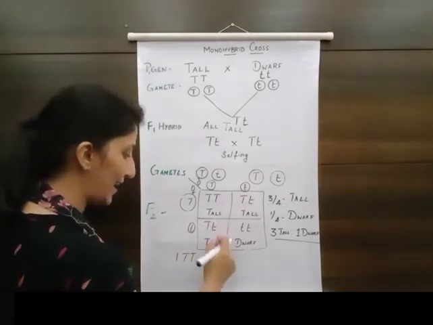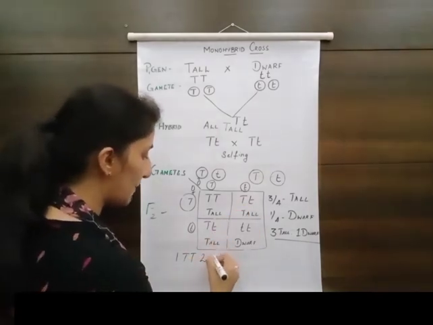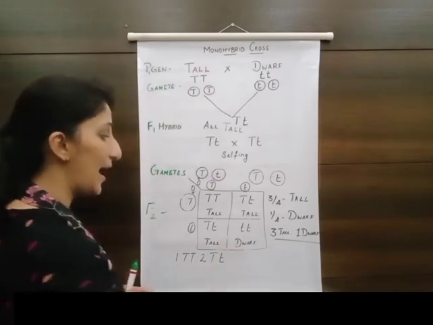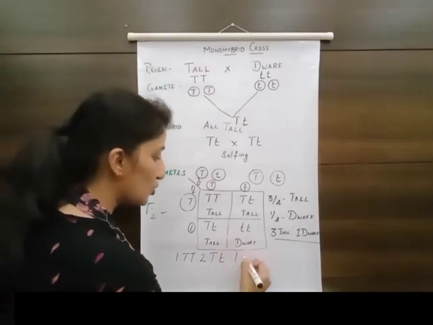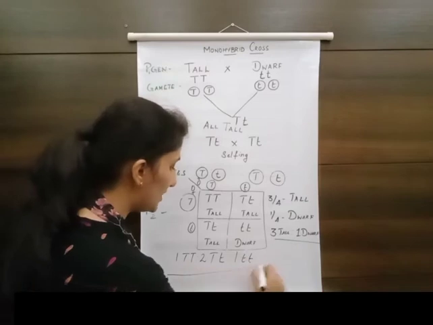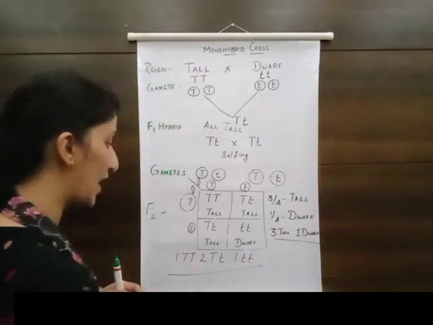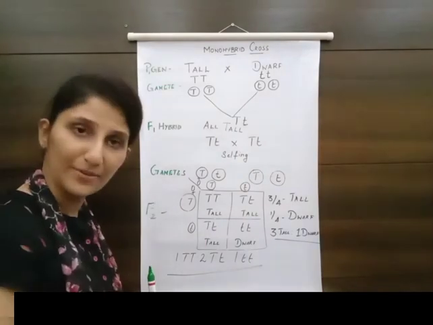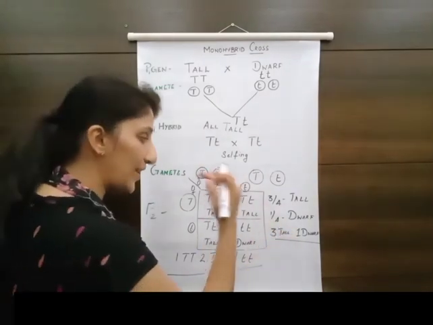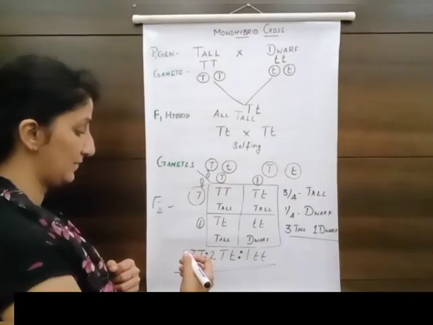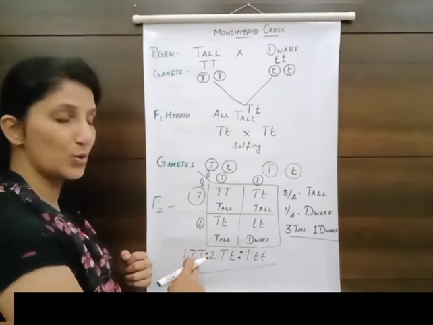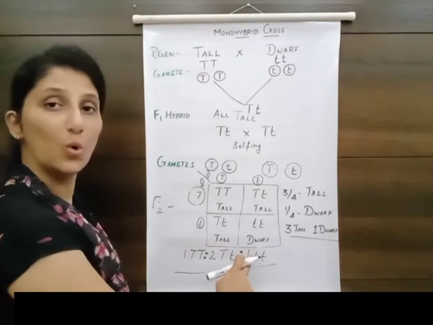We get 2 capital T small t and 1 small t small t. This is the genotypic ratio of a monohybrid cross. The phenotypic ratio is 3:1 and the genotypic ratio is 1:2:1.